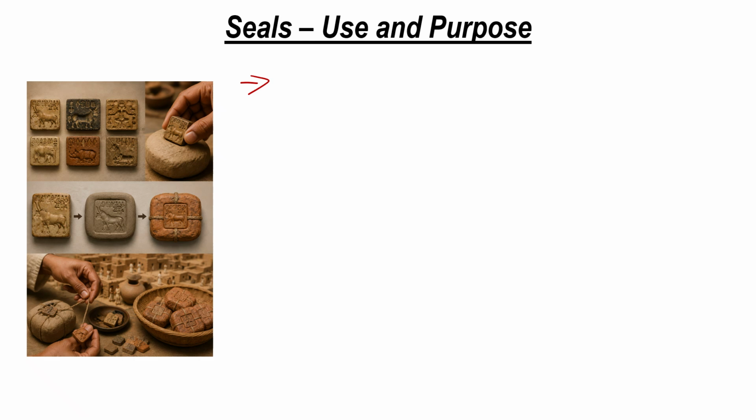So seals have been used by traders. Traders were the primary users of seal. So seals must have been used by traders, and after a bag of goods was there.